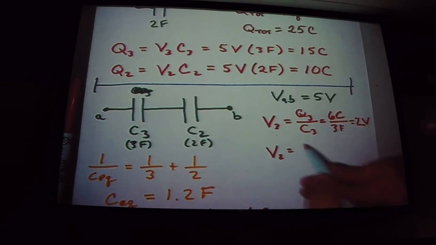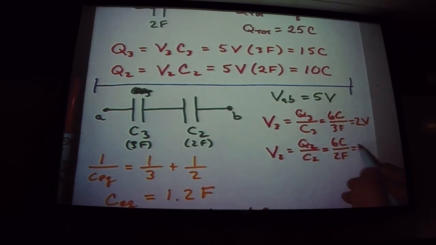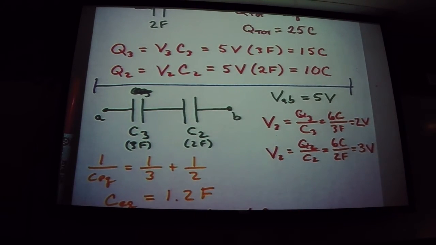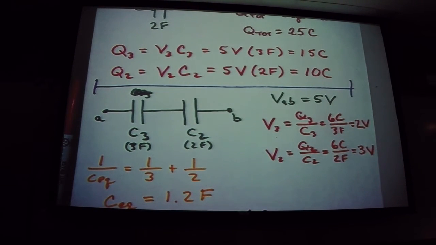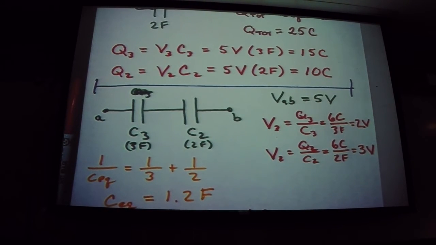V2 is Q2 over C2. Q2 is also 6 coulombs, divided by this time 2 farads, gives you what? 3 volts. There's a check here. In series, the voltages are supposed to do what? Add. Do they? Yes, they do. So in series, these voltages add, and they do indeed.